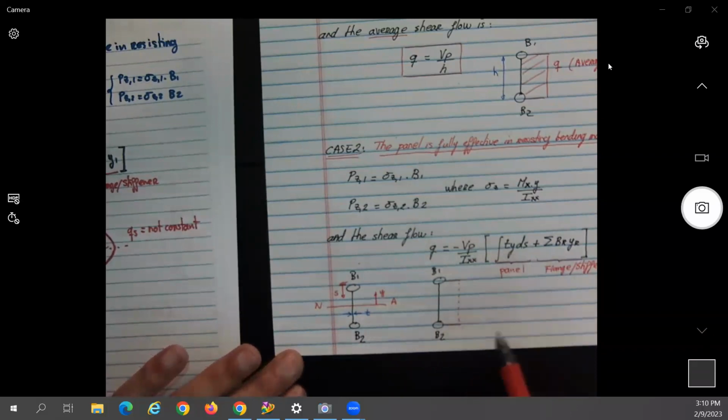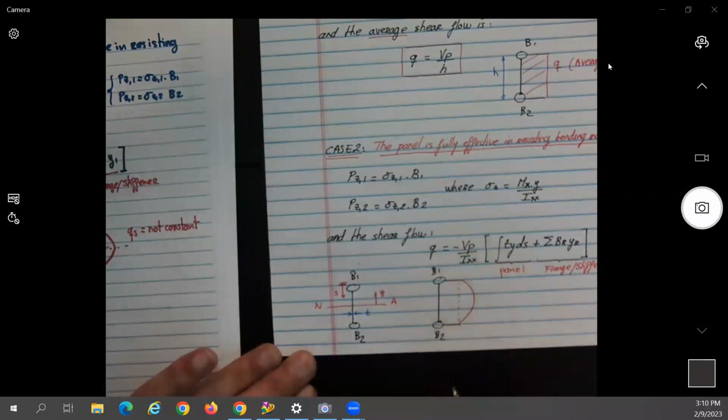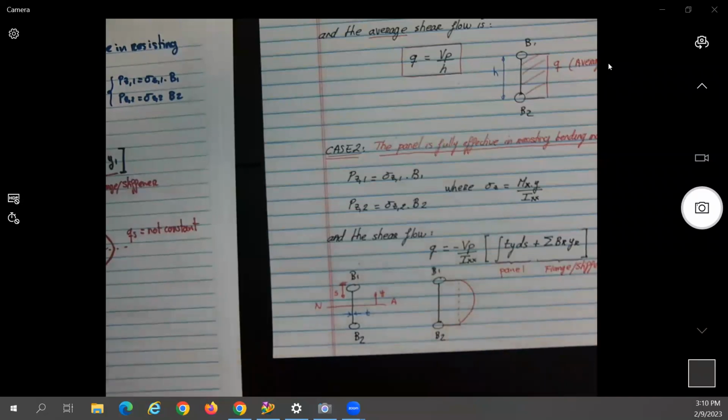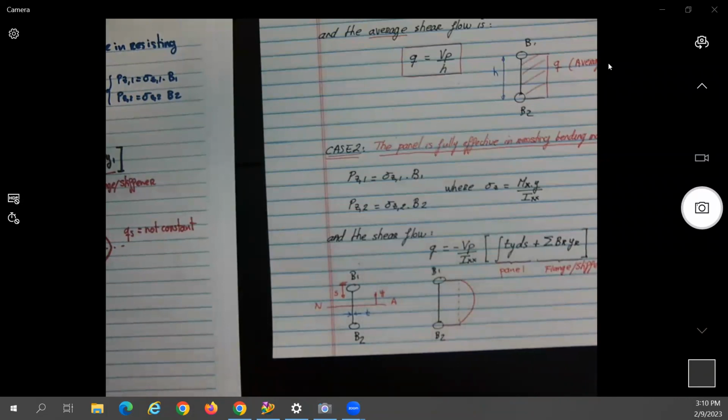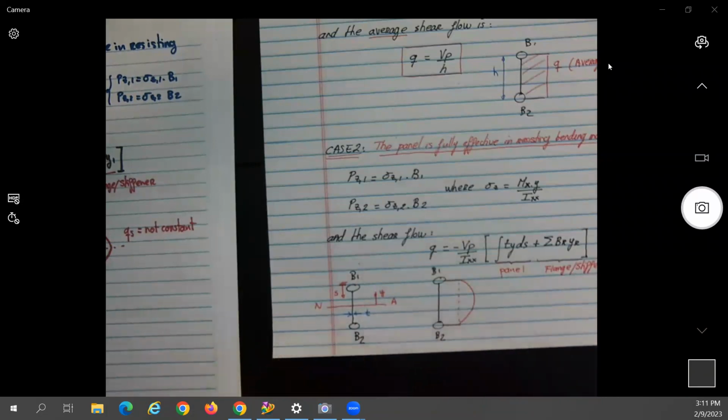But this one here will give you what? In this case, it will give you a parabolic distribution, because where should the maximum shear be? In the middle of the cross section. Now, what is shear? Friction between one surface and the other. Where is the point where there is more surface on the real structure with friction with the other one? It will be the middle, no?